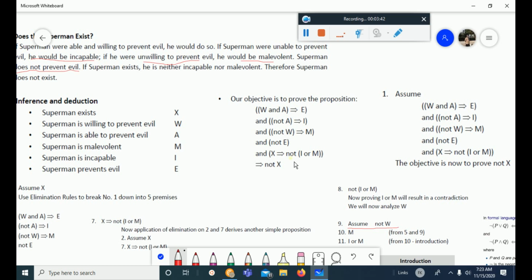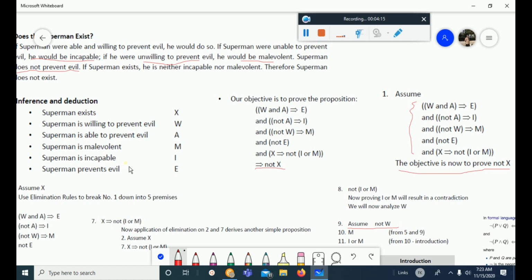So we have written it here. And if X exists, then he is not incapable or malevolent. But we have to prove that Superman does not exist. So we have to assume all these, and the objective is now to prove not X.